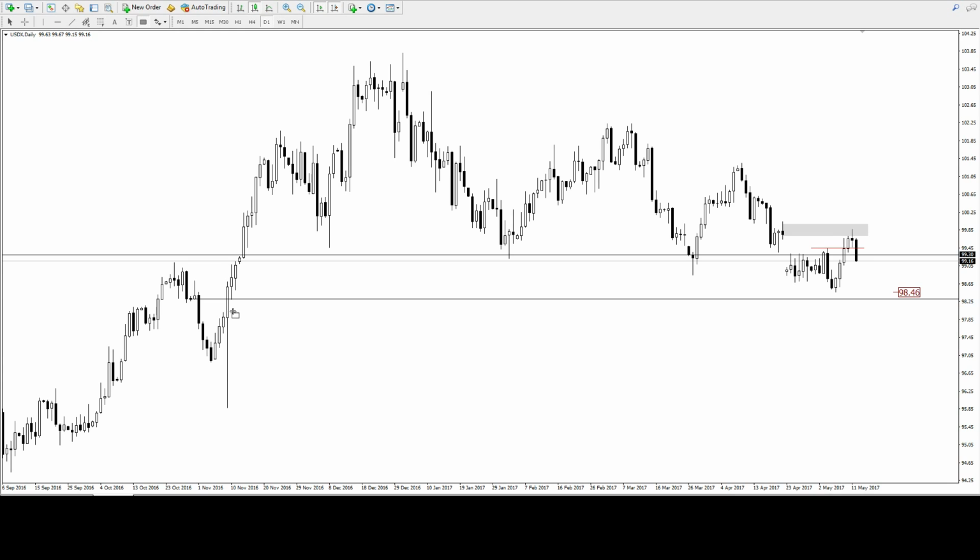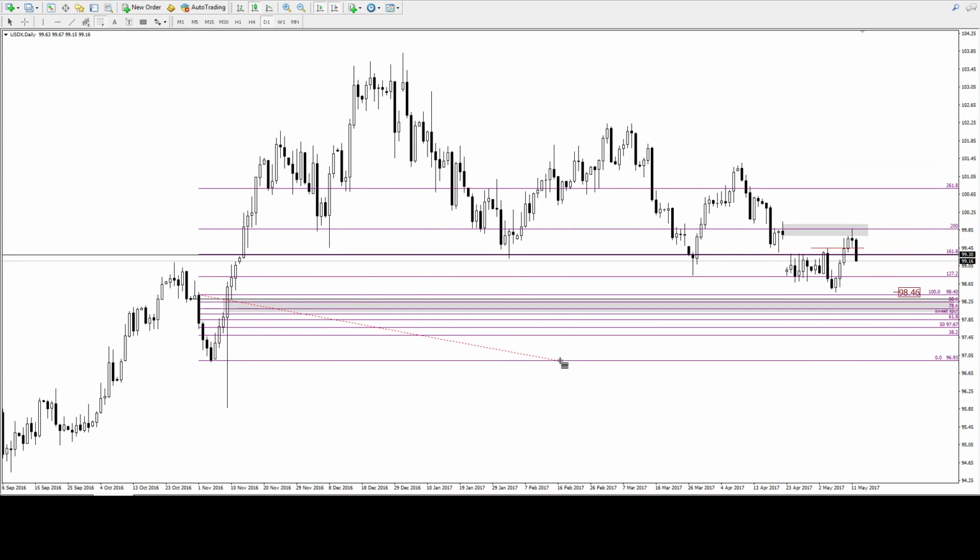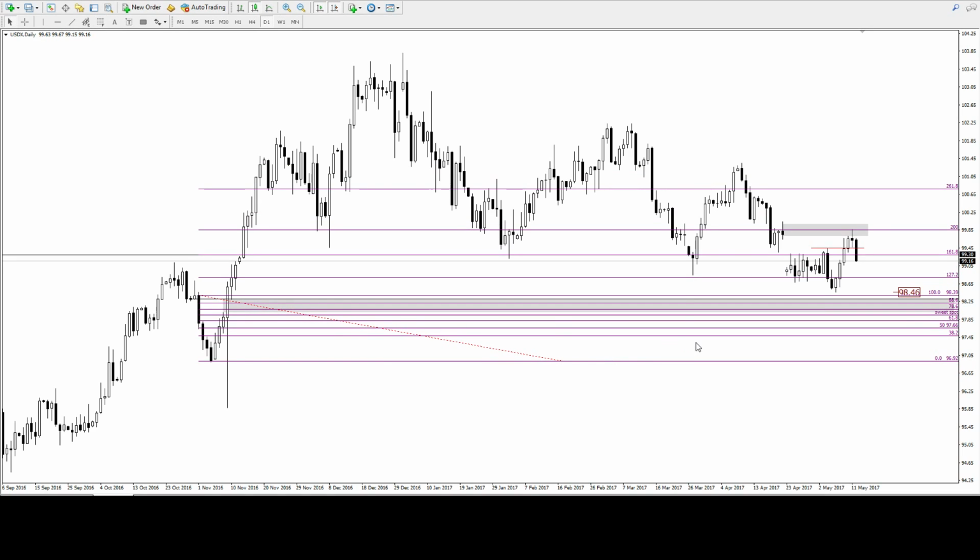I think we could probably take out this here. Reach for this. I like this level here to fill in this grey box. A thin movement here. I want to fill in this grey box. Take out this low, fill in this grey box. Whatever happens after that, then we'll have to see. So all this would be one order block here. 1, 2, 3, 4 days. 4-day order block. And 50% of that comes in around 97.66.